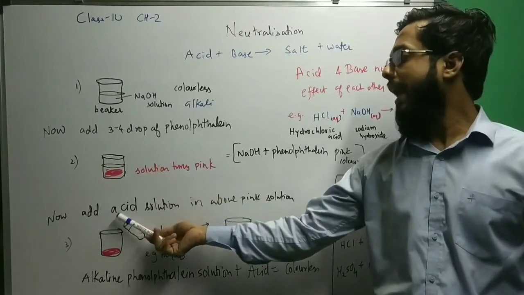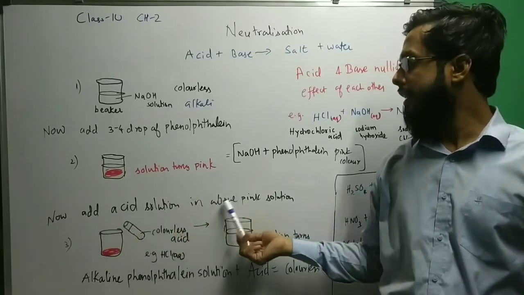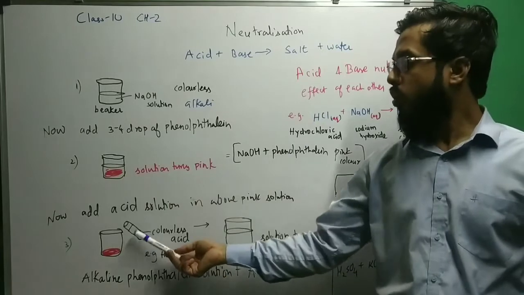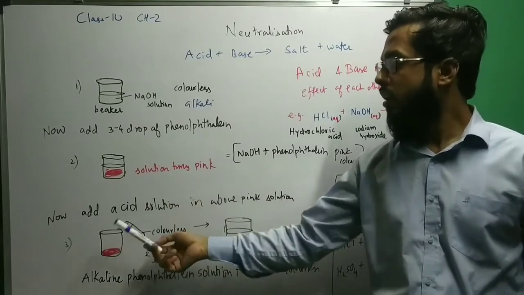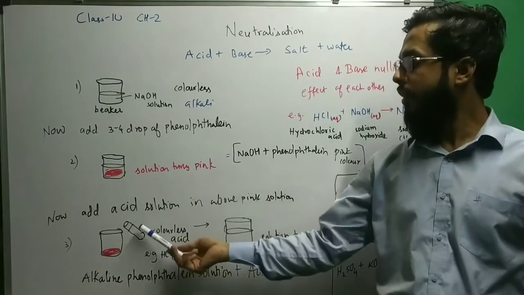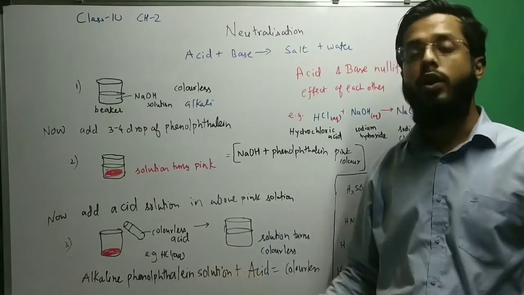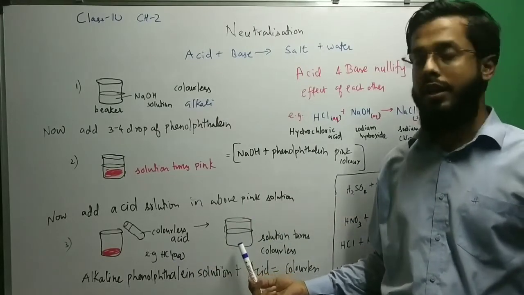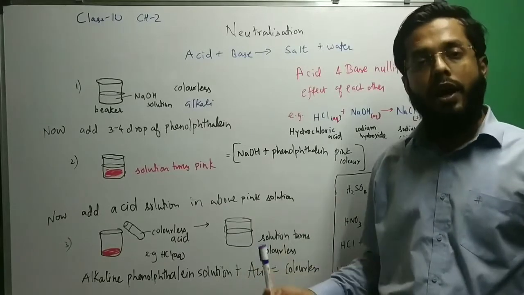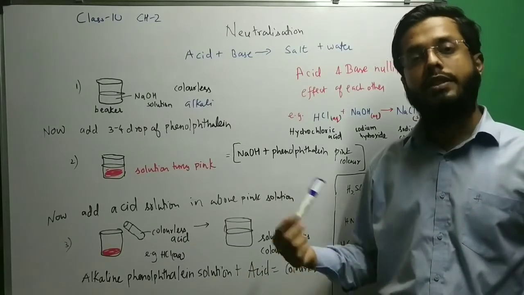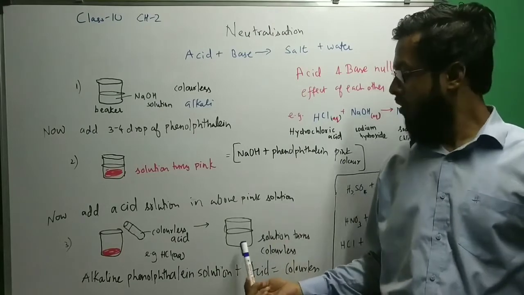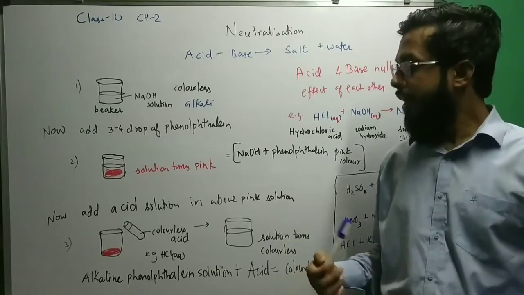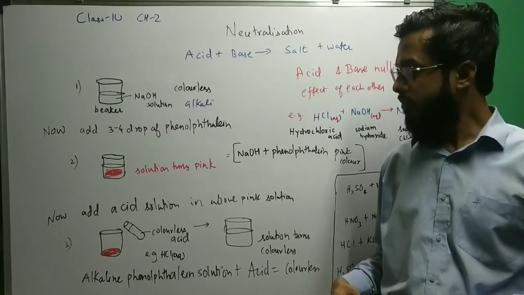Now we are going to add acidic solution in this pink alkaline solution. As soon as we add acidic solution, for example hydrochloric acid solution, the solution again turns colorless. Why? Because phenolphthalein is colorless in acidic medium.